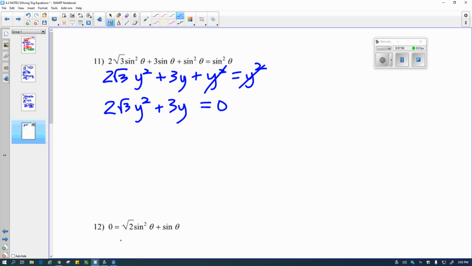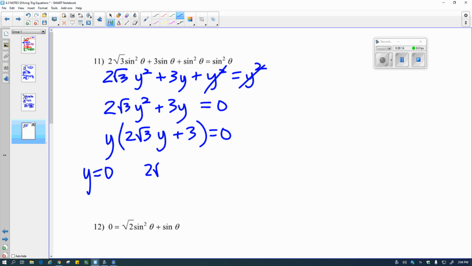This is one of those where I can factor out a common factor. I can factor out y. That leaves me with 2 times the square root of 3y plus 3 equals 0. So when y is 0 and 2 times the square root of 3y plus 3 is 0, I'll solve that. 2 times the square root of 3y equals negative 3.